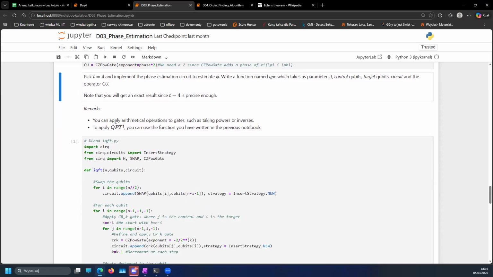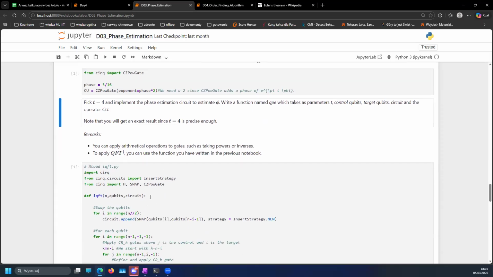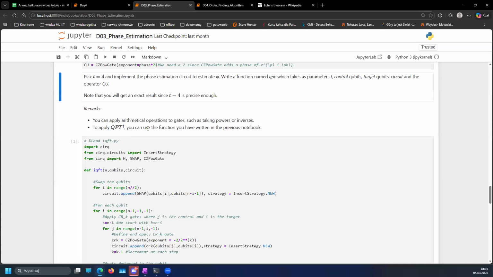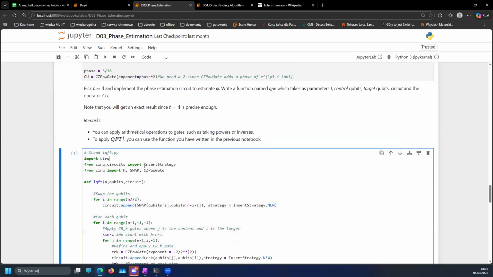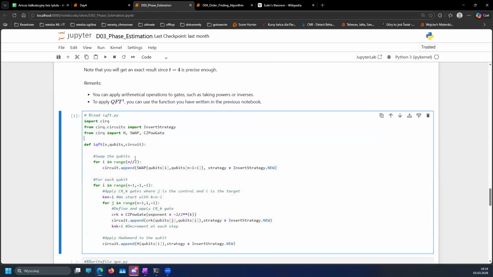Here we have some hints again that we can use powers, and for IQFT of t we have written, yes, this is already given for us.